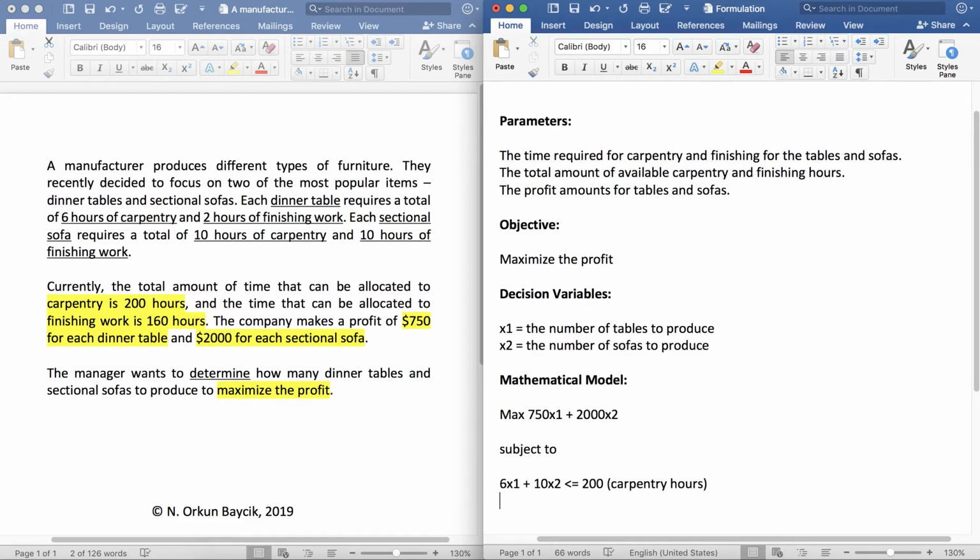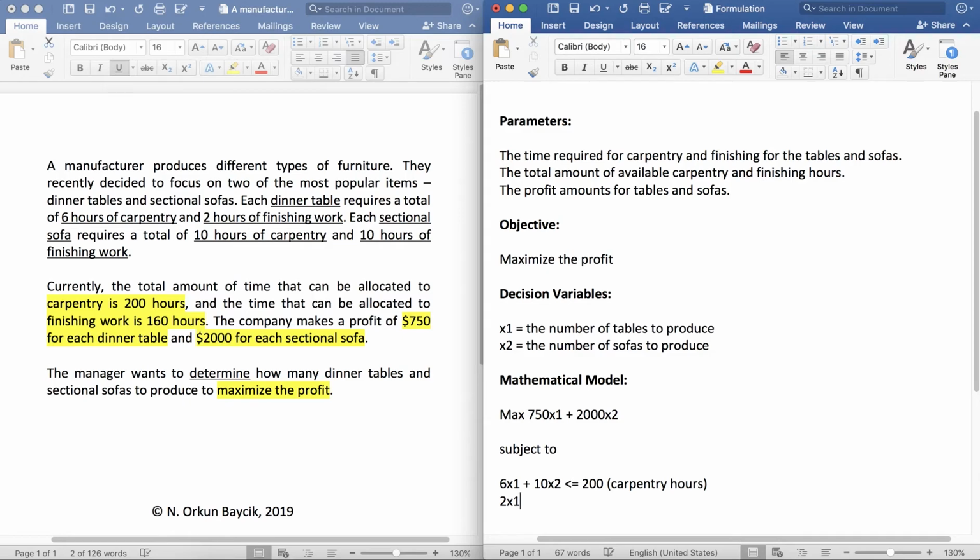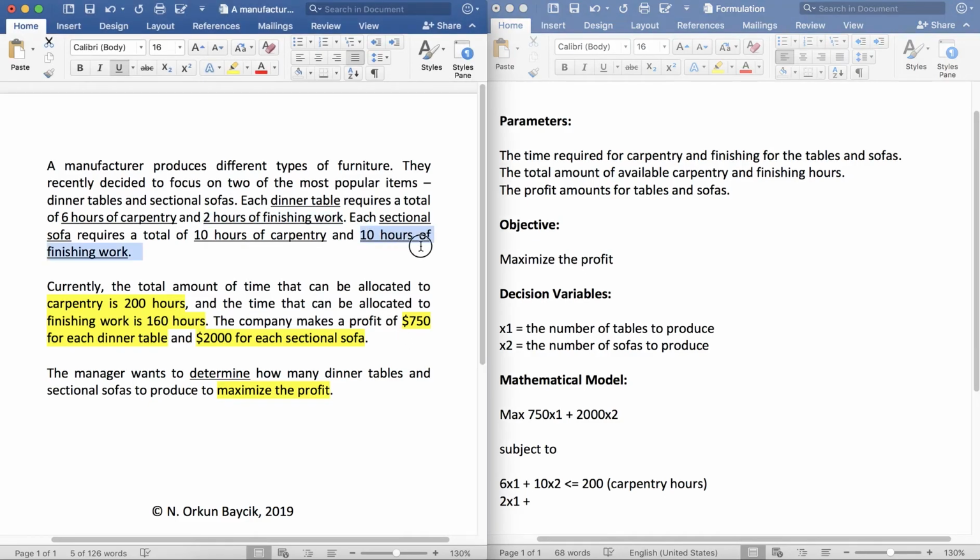Okay, so each dinner table requires 2 hours of finishing work. So if I write 2 times x1, this will give me the total amount of finishing work done for each table we produce, plus each sectional sofa requires 10 hours of finishing work.